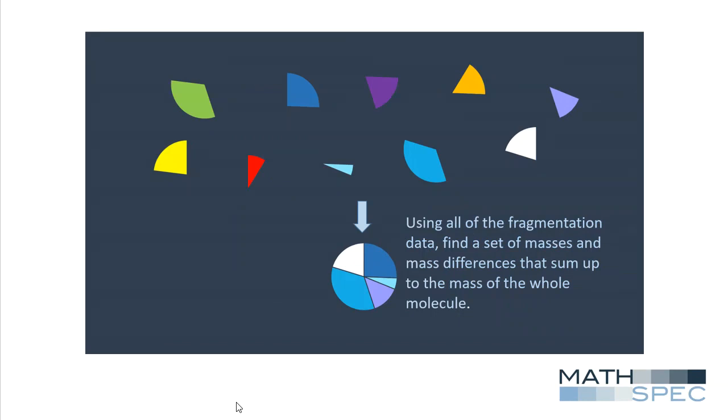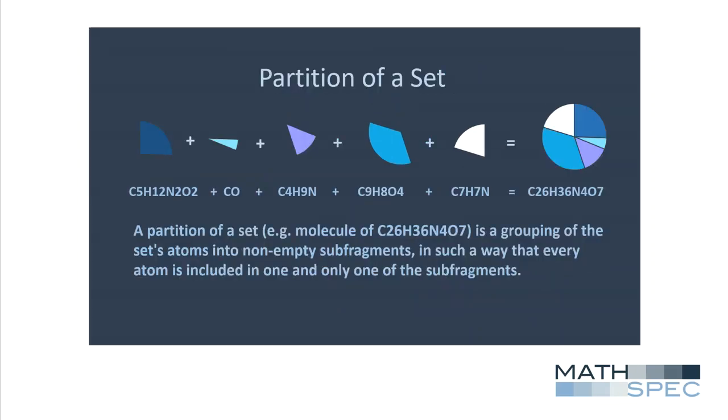Now the computer can go through and check for sets of masses that sum up to the mass of the precursor molecule. These are the subfragment masses, and this operation is very CPU intensive. The subfragment masses are then converted into subformulas.